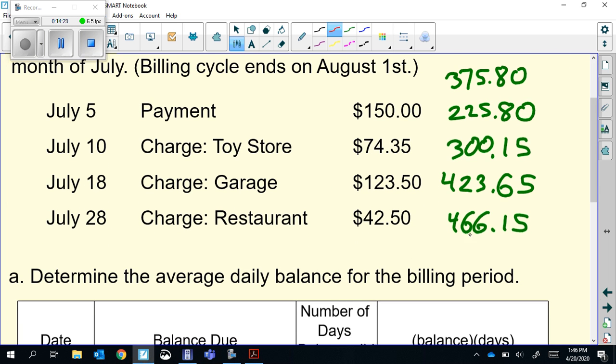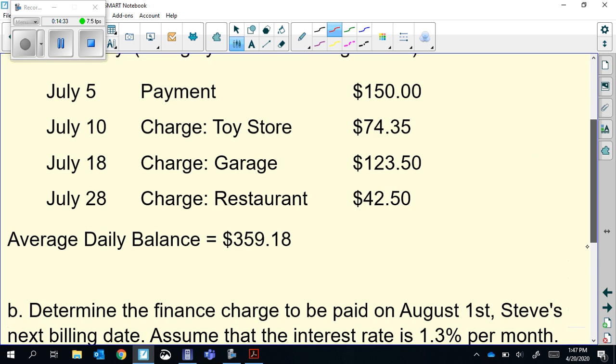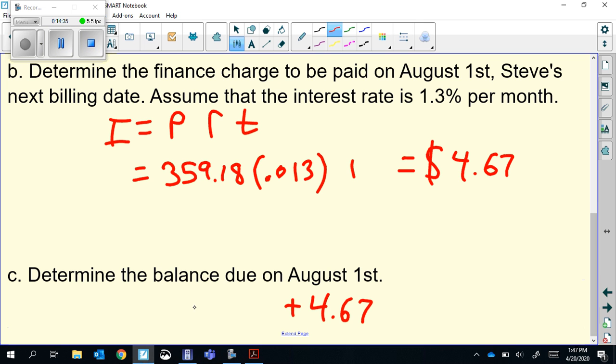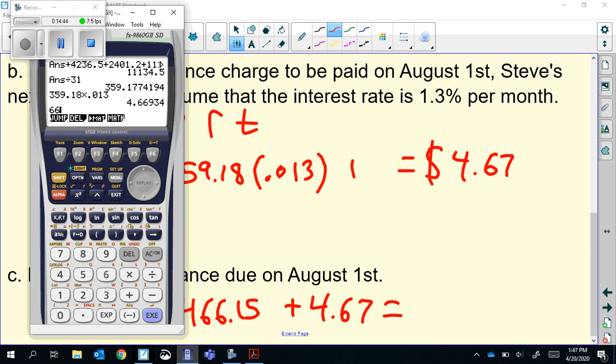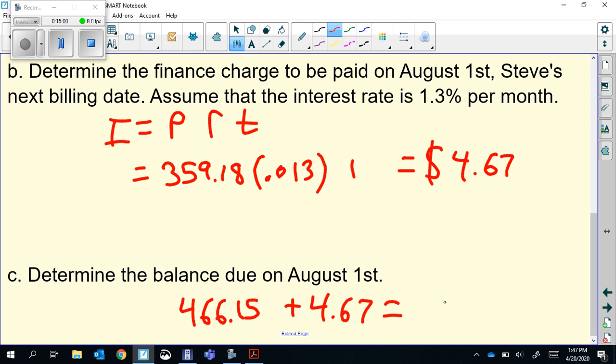After that last charge was made, it was $466.15. And then we add on our interest. It'll be $470.82.